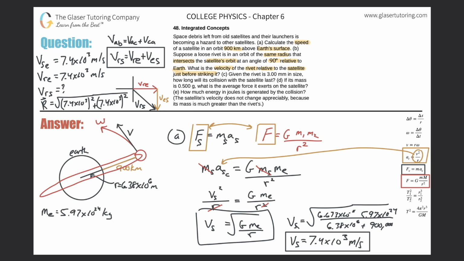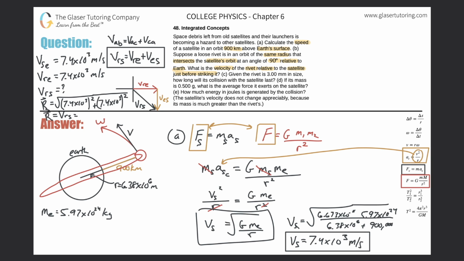So where do I want to put it, though? That's the problem. I'll put it right here, okay? So the resultant vector here, which is the same thing as the velocity of the rivet relative to the satellite, is going to be equal to the square root of 7.4 times 10 to the 3 squared, plus itself.